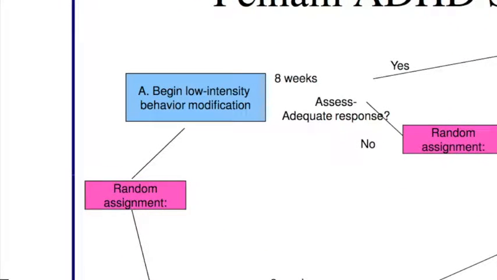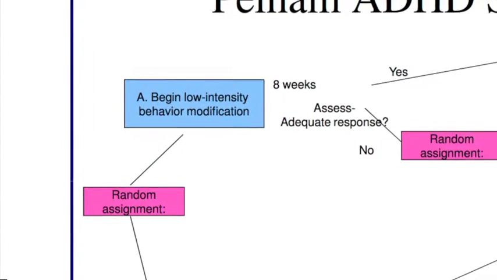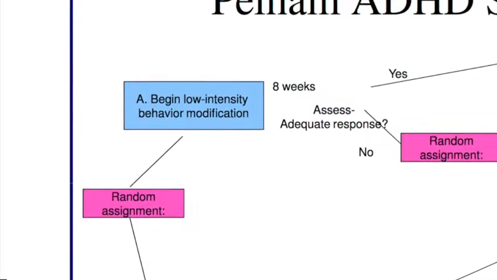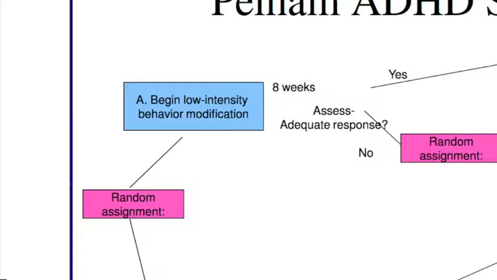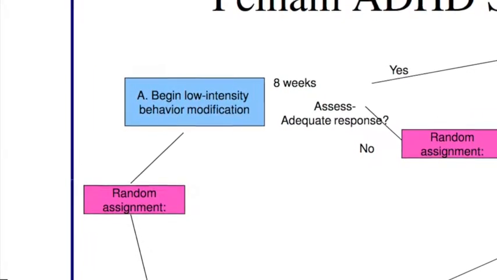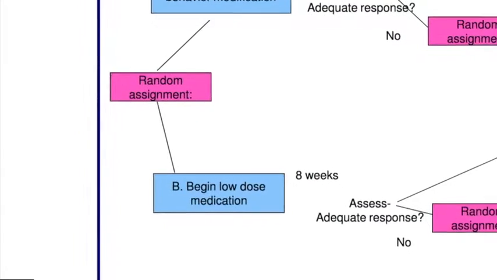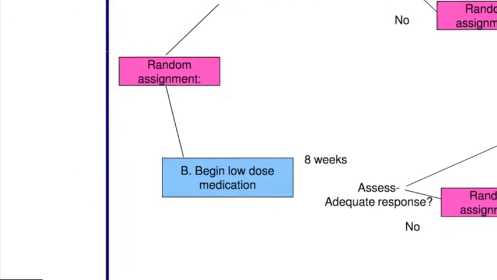This therapy is actually training for the parents, training for the teacher, and some training for the child. So there's a lot of teacher and parent training going on here, okay? I don't want to mislead you. It's not just the child. Or they're provided a low-dose medication. In this case, it was Ritalin.